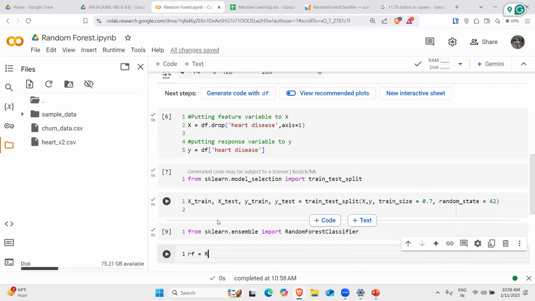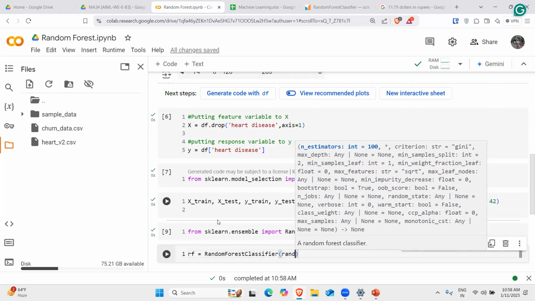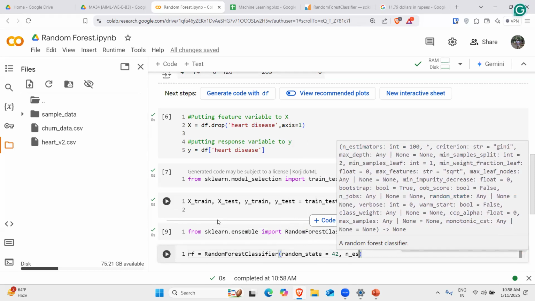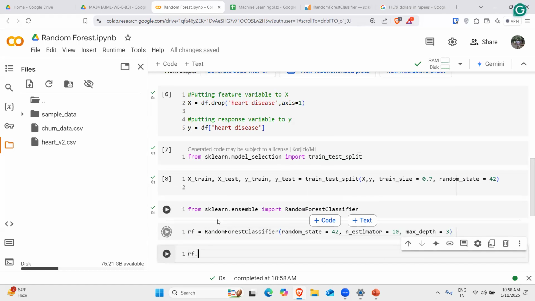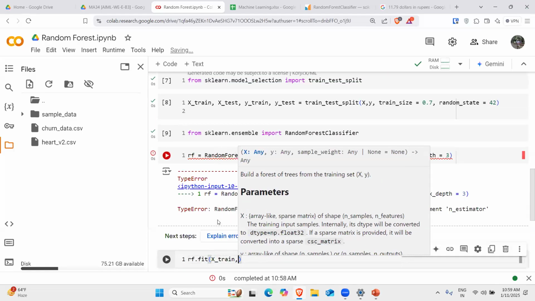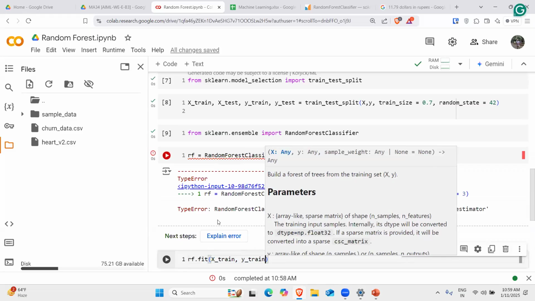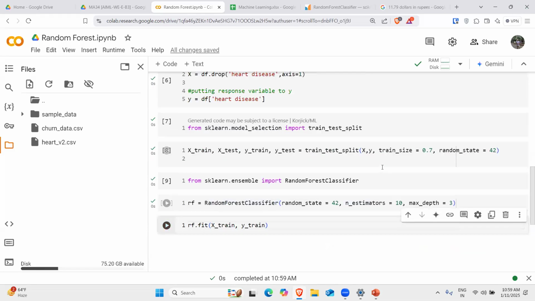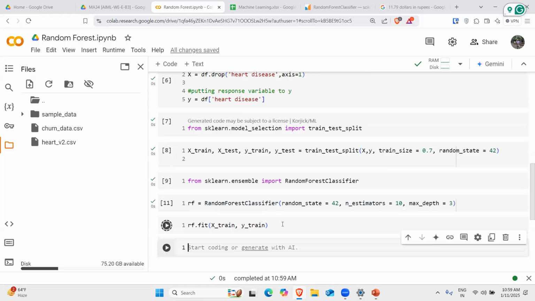We have rf equals RandomForestClassifier with random_state equals 42, n_estimators equals 10, and max_depth equals 3. And we are going to fit this on X_train, y_train, with rf.fit.